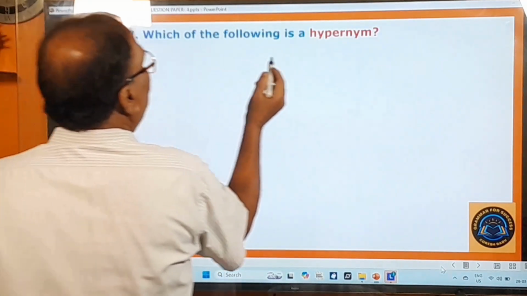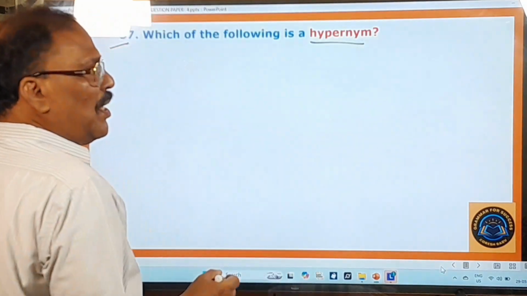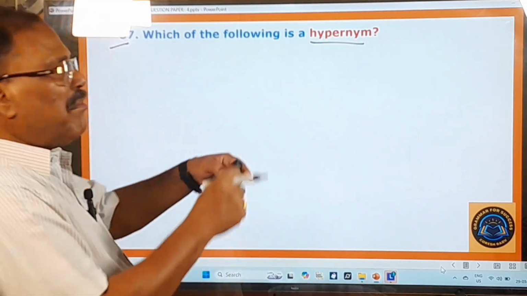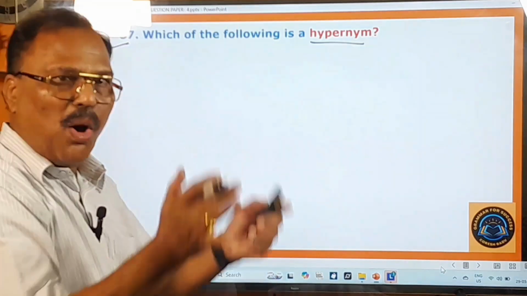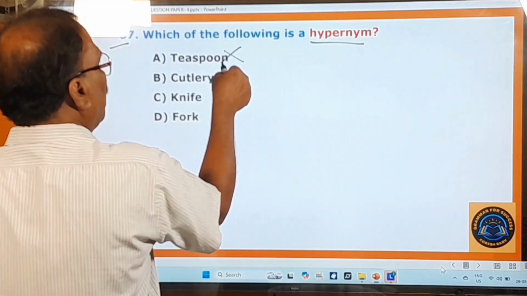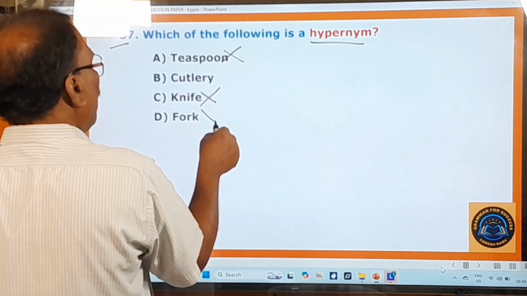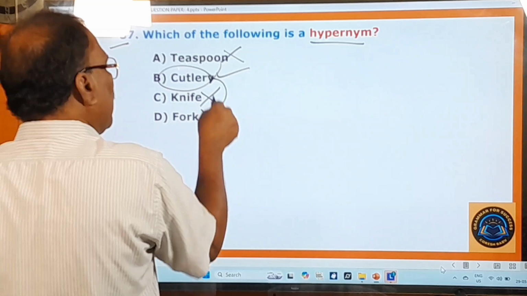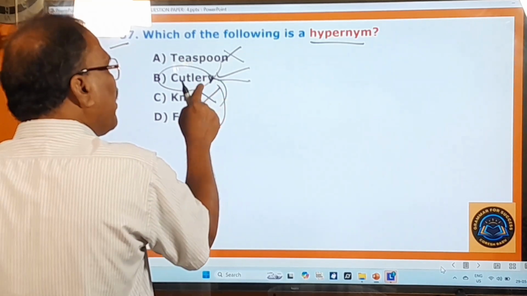57th question. Which of the following is a hypernym? You know all about hypernyms and hyponyms. Hypernym is a big word, hyponym is a small word. Okay, and here you pay attention. Teaspoon is a hyponym, knife hyponym, fork hyponym, but cutlery is there. Cutlery అంటేనే ఇవన్నీ వస్తాయి దీంట్లో. It's a big word, it's a hypernym.